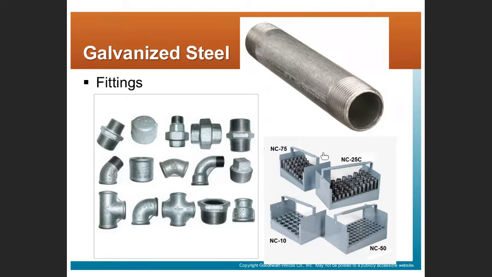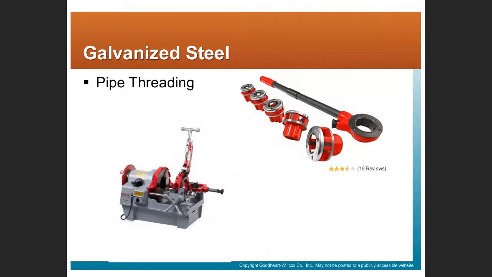So again, if the pipe fitter or plumber comes to your house and is working on a galvanized piping system, they might carry in with them these nipple trays with these short pre-threaded lengths of pipe that ultimately get joined together. Or if they're going to thread pipe in the field, they're going to have some kind of machine, either a hand tool or a power tool that cuts those threads in the pipe.